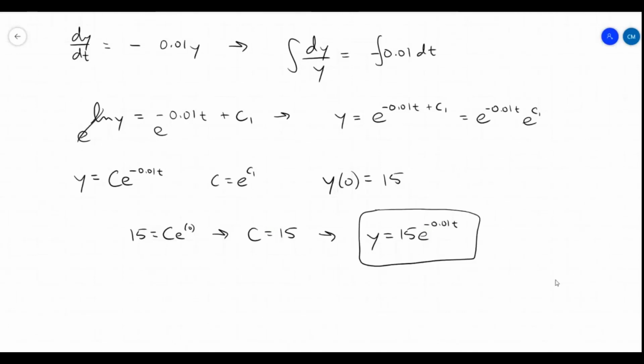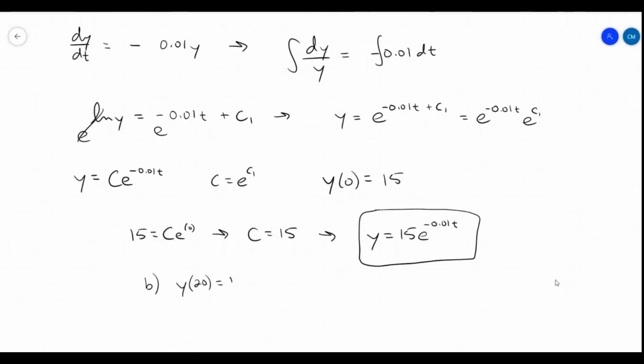So that's the solution. Then they further ask us how much salt is going to be there after 20 minutes. Well, we just answered that question, so we can answer part B now. After 20 minutes, y is going to be equal to y of 20. This is all measured in minutes.